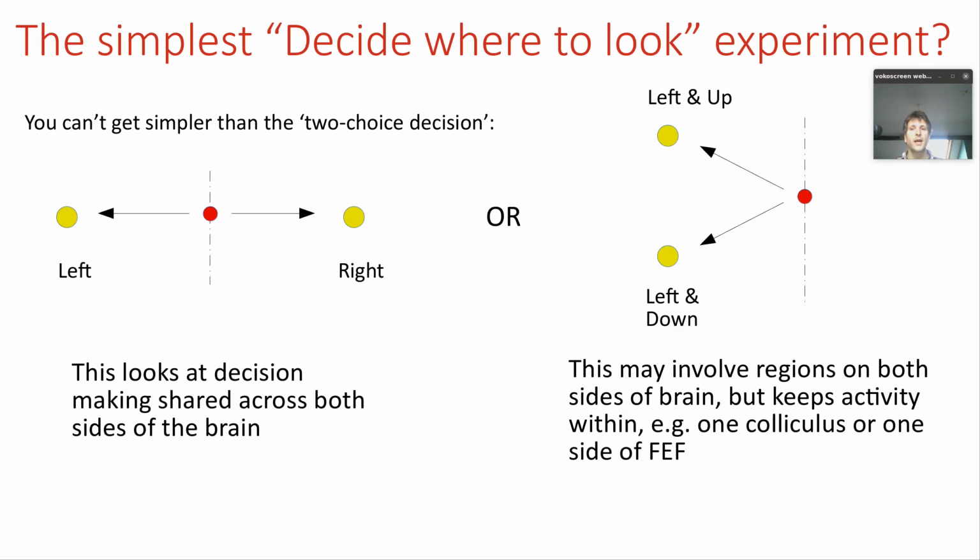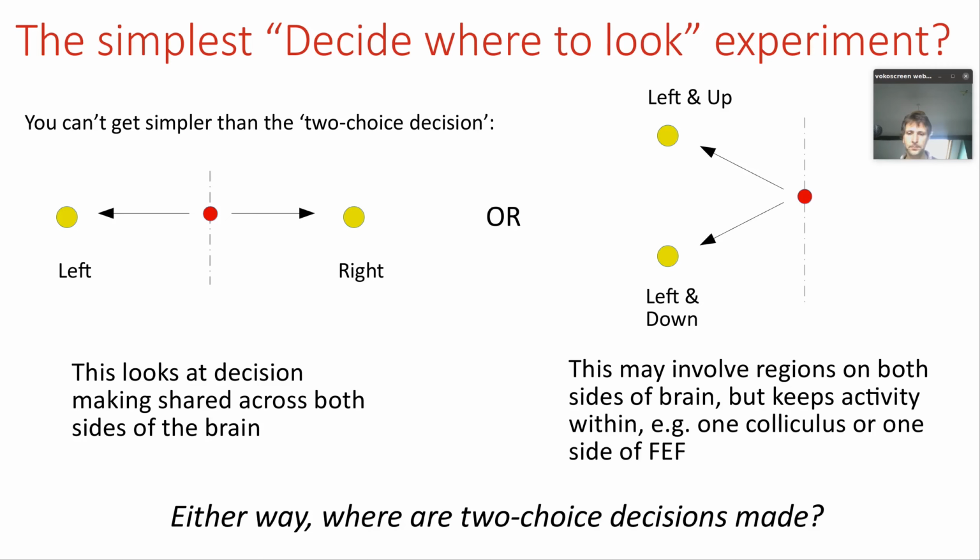Alternatively, you could make a two-choice decision task where both of the potential targets are in the same hemifield, which simplifies your study and means that you're then looking at decisions that have to be resolved within one colliculus, or say one side of the frontal eye fields. But either way, the question that I'm going to talk about here is where are two-choice decisions made?